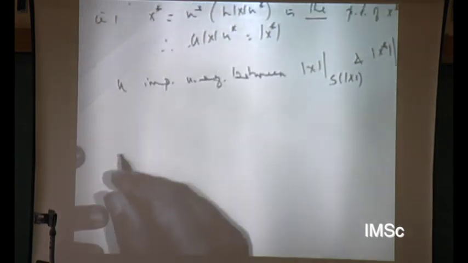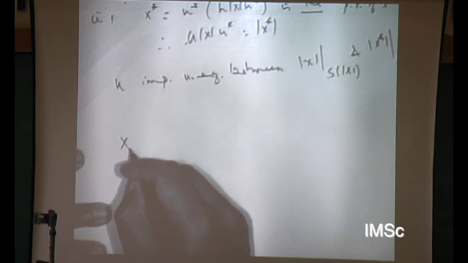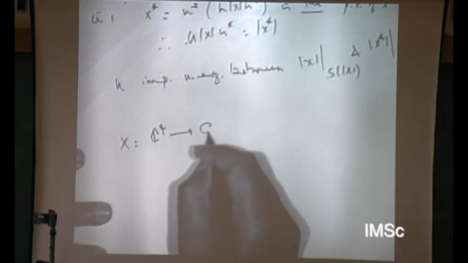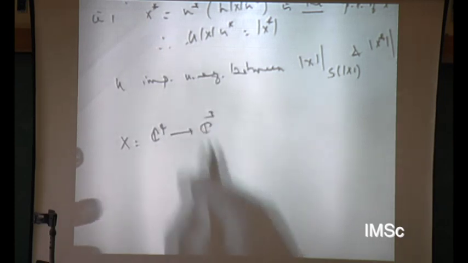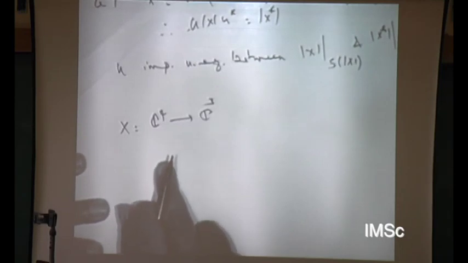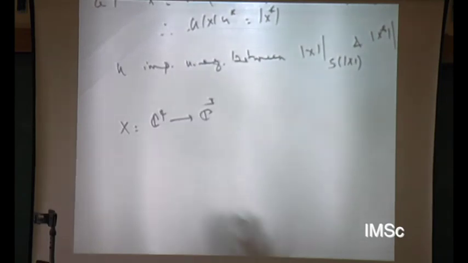see, for example, if you have an operator x from C4 to C3, it will definitely have a kernel because it's going to smaller dimension. It is going to have a zero eigenvalue.